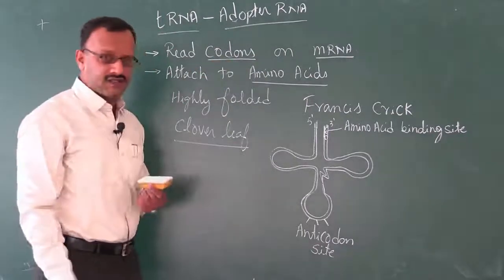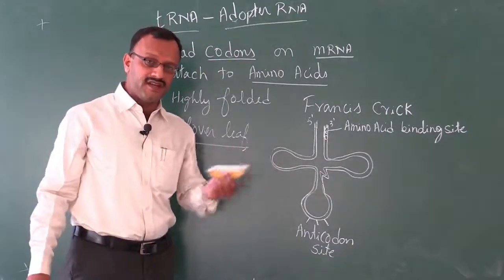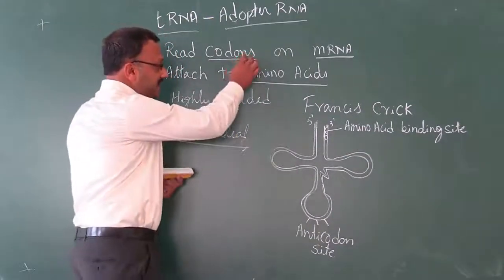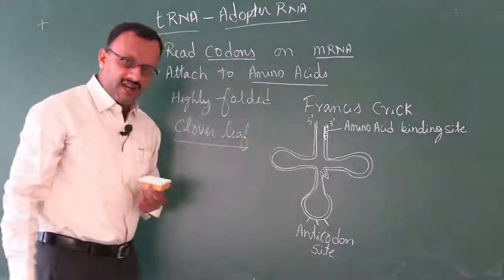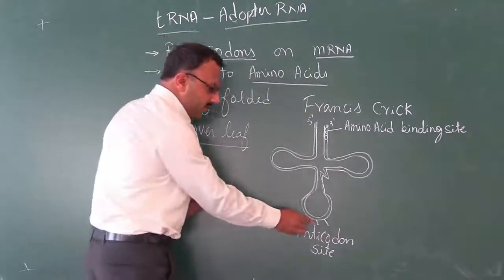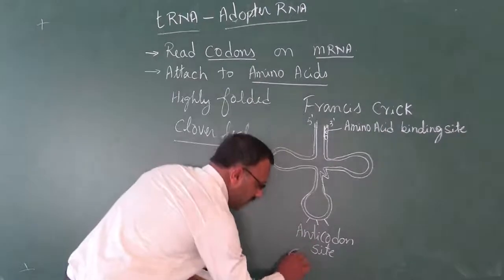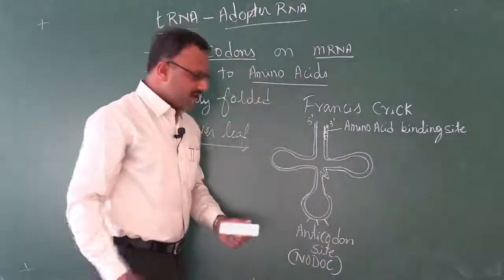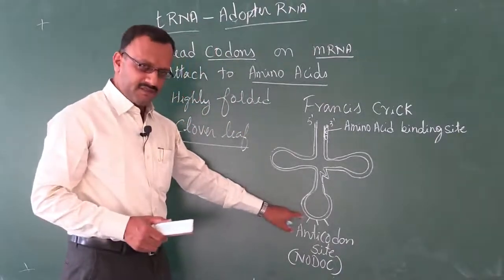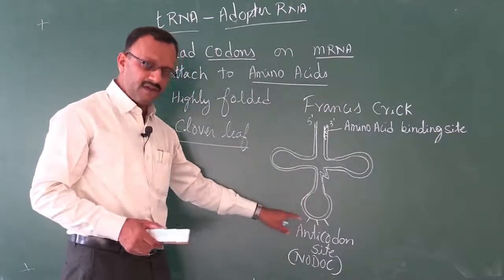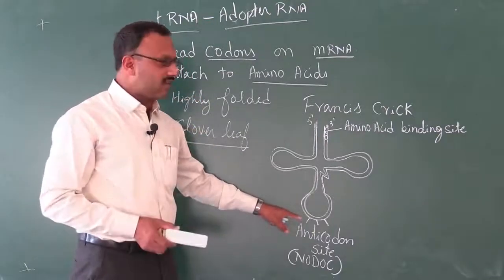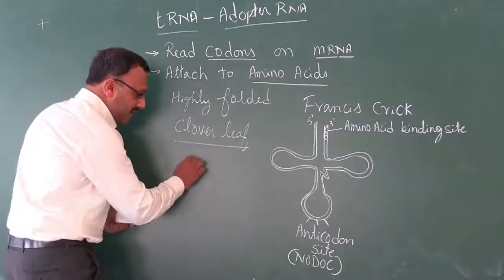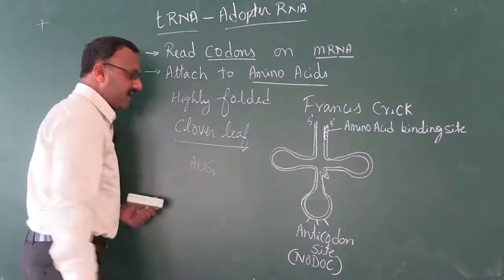As we know, the codons are the genetic form of information present on mRNA that will be read by tRNA with the help of the anticodon region. This site of tRNA reads the codes present on mRNA. Like suppose AUG is present on mRNA.